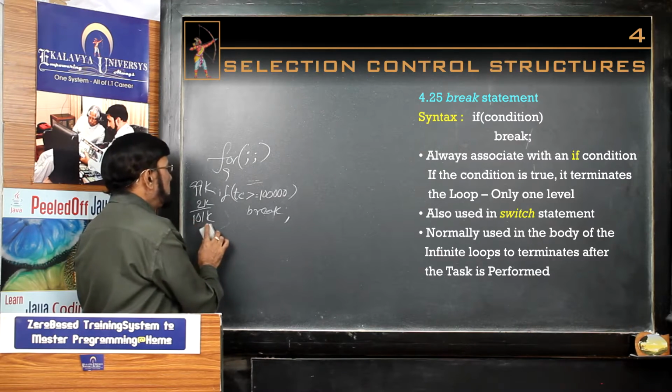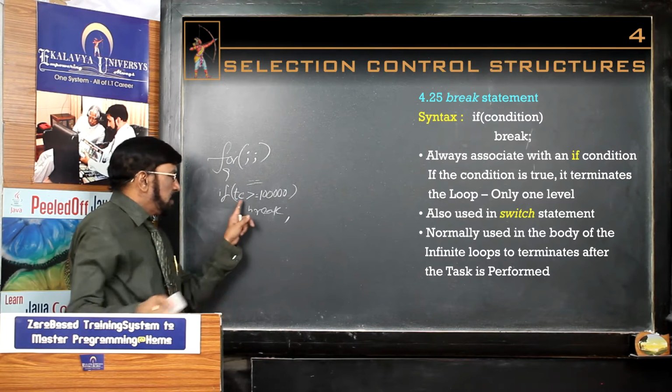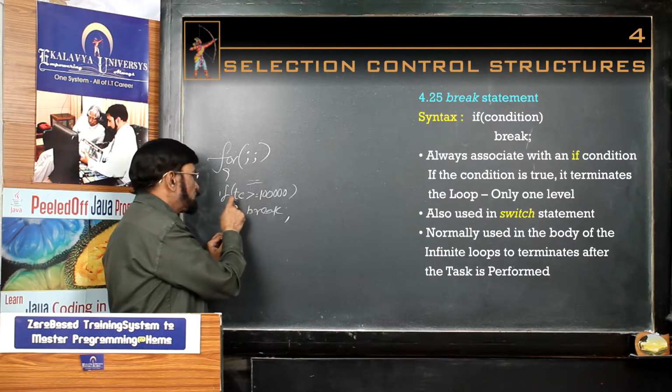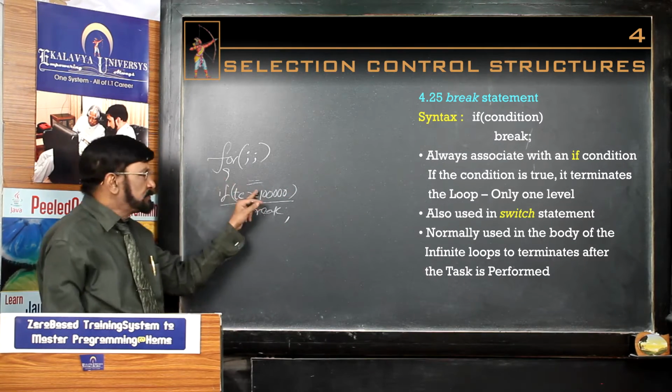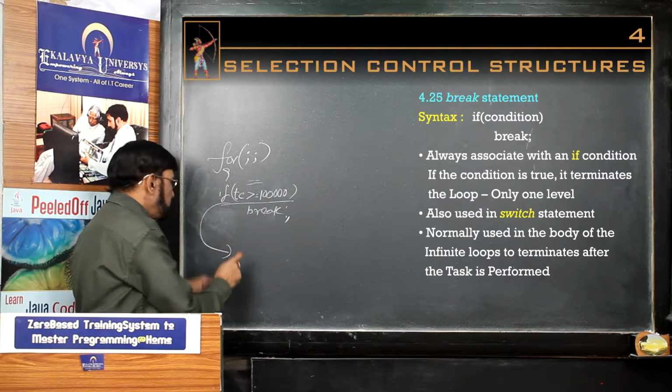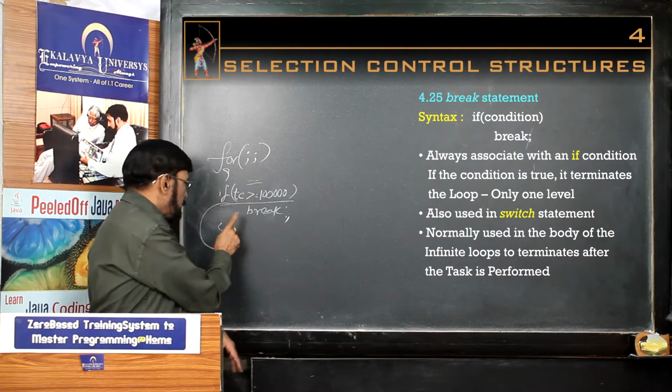So, always remember two points. The break statement should be associated with an if statement. If the statement is true, break is applied, and break comes out of the current loop. That point you have to understand.